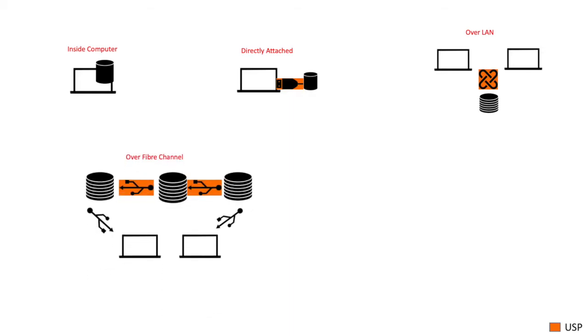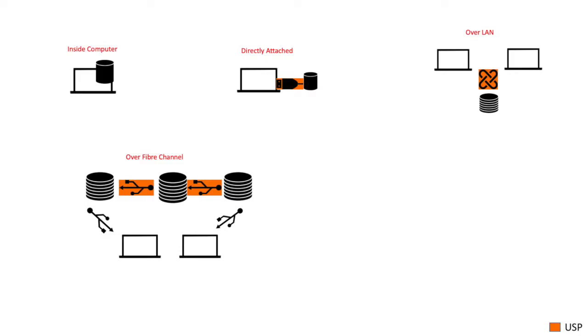The fourth model: since the earlier model was over a local area network, which is slow, why don't we have optical fiber cables connected to each other so we can provide faster access to multiple computers. Over a local area network, we had to use a switch, and this could be a point of failure. If my router goes down, everything goes down.